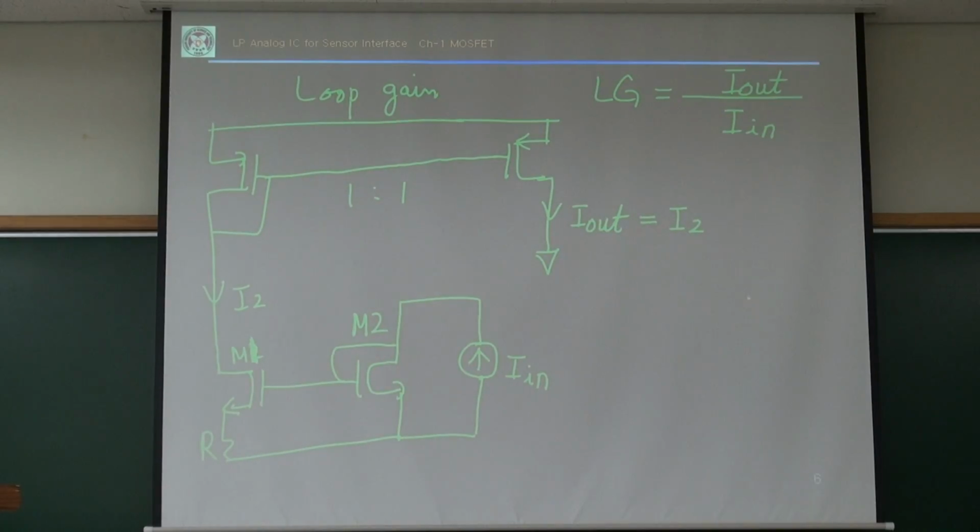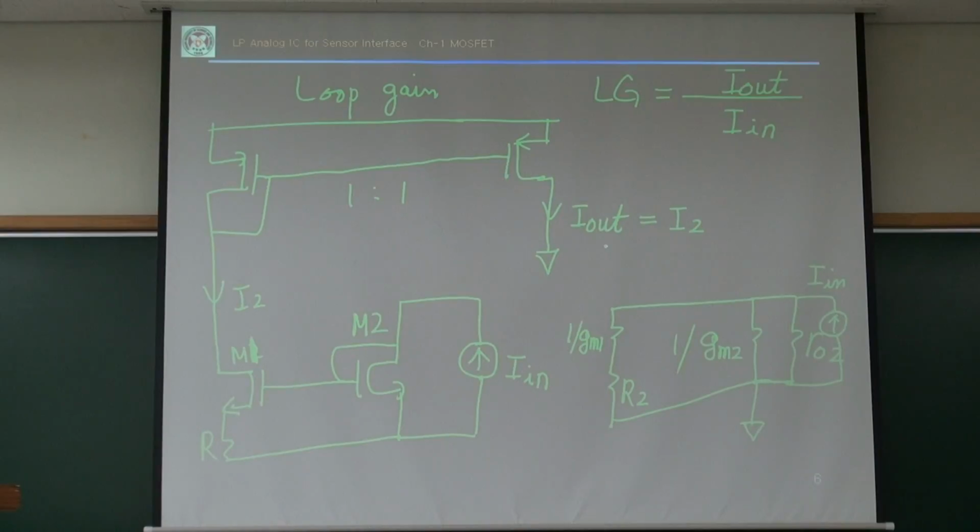This M2 diode is actually 1 over GM2, and then 1 over RO2, something like that. So I have I in there, connected to there. And then for this T equivalent circuit, 1 over GM1 here, and then R2 there, and this is connected together.